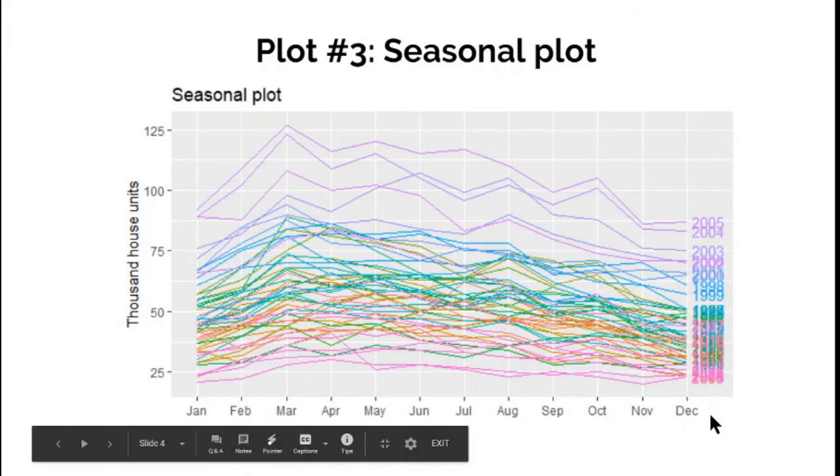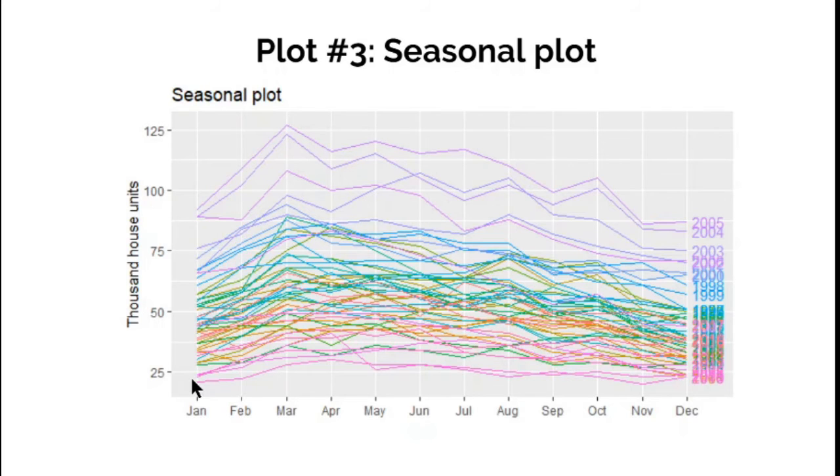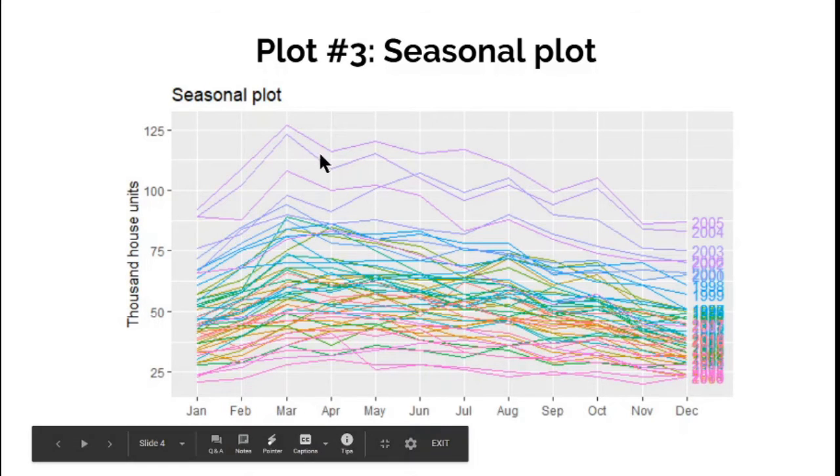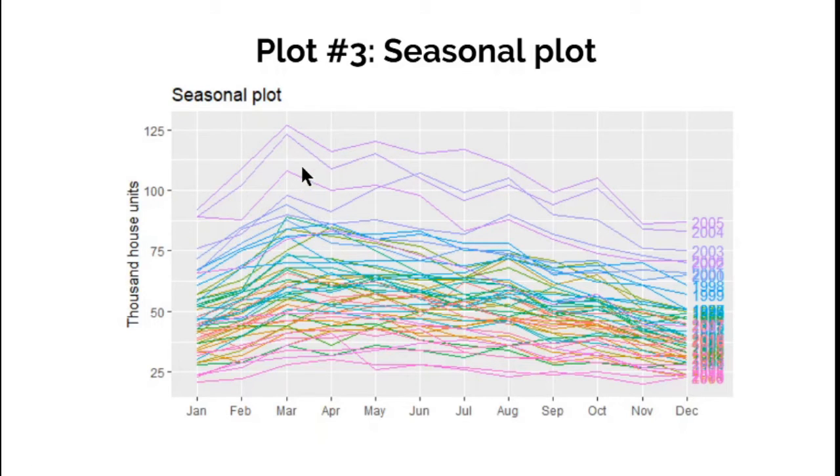So it goes on and on in the past. What we are getting from here is that, as you can see, around March and April the house sales are the highest, and it goes down a little bit in the summertime, and from the fall it really flattens, and November, December, January is basically the flattest time for housing sales.